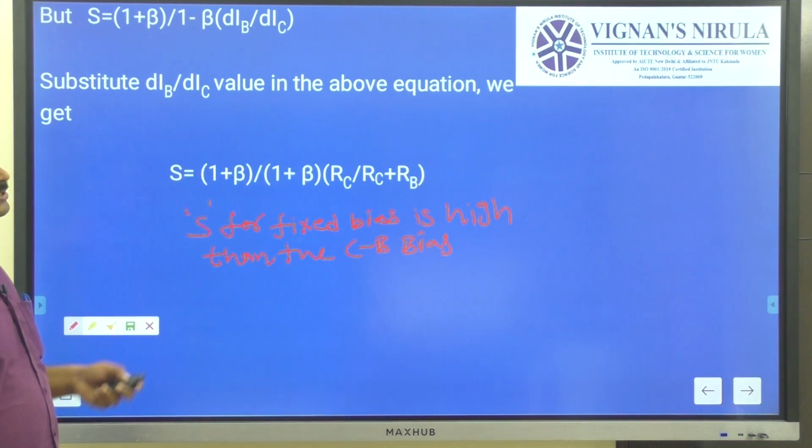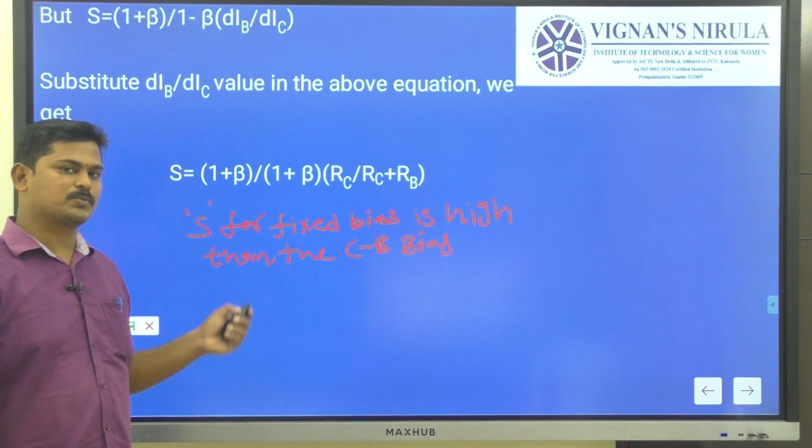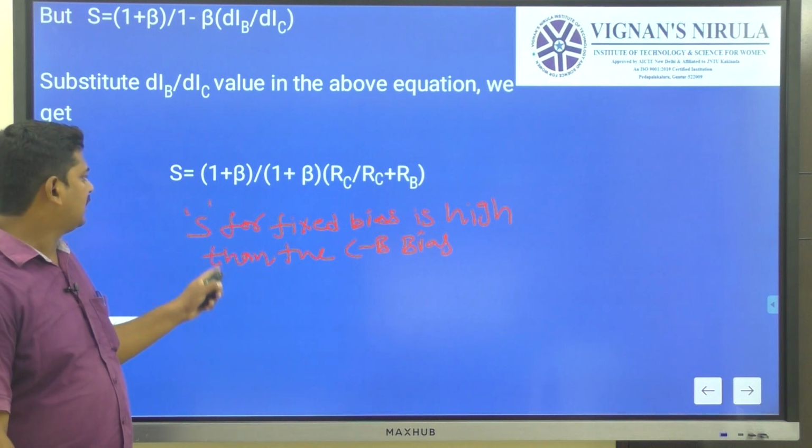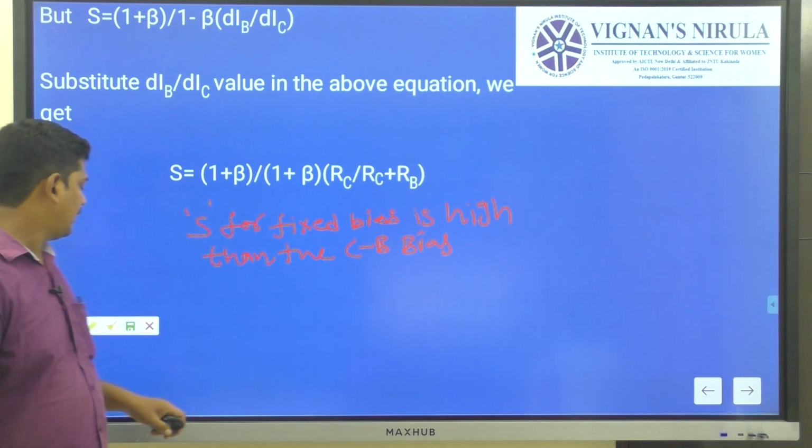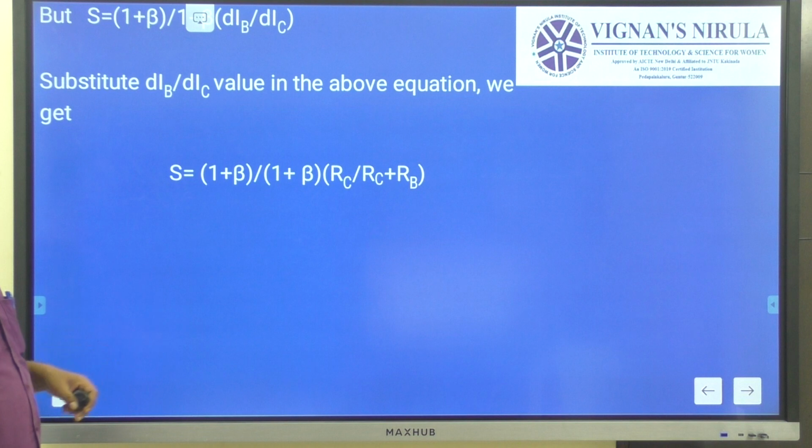So with the help of collector to base bias, it is possible to reduce the stability factor, so the thermal stability increases. This is one of the advantages of collector to base bias.